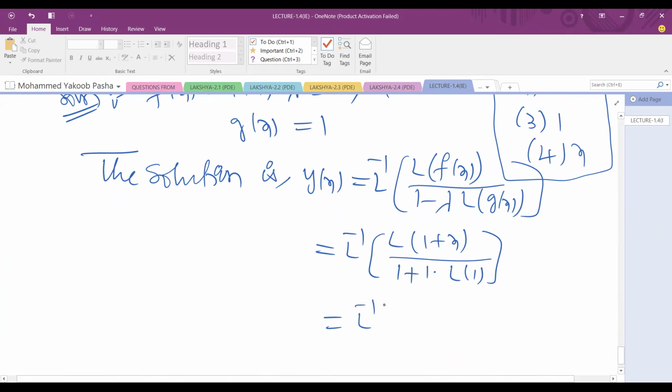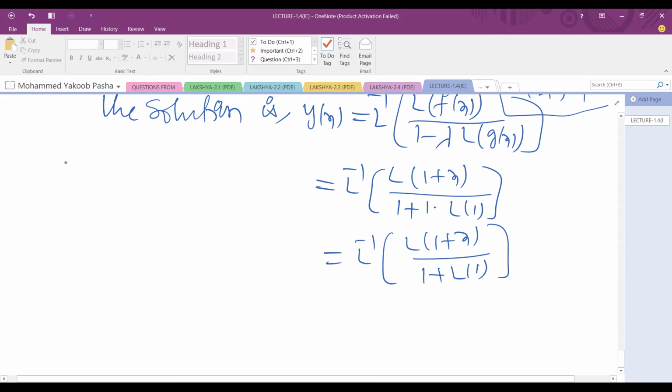That is L inverse of L of 1 plus x by 1 plus L of 1. One more step I am writing here. So L of 1, the constant, is equal to 1 by s. Okay. So what is L of x?